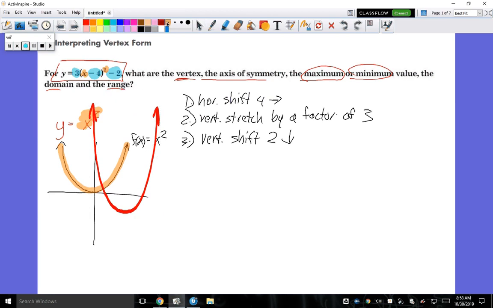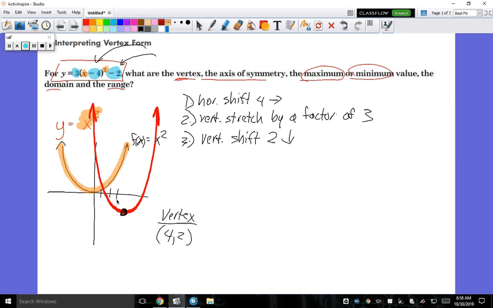Can someone tell me what is this point right here? It's the vertex. And what are the coordinates? 4 and -2. Okay? Remember, it's the opposite of what you see in the parentheses, and it's exactly what you see as far as outside of the y. Okay?